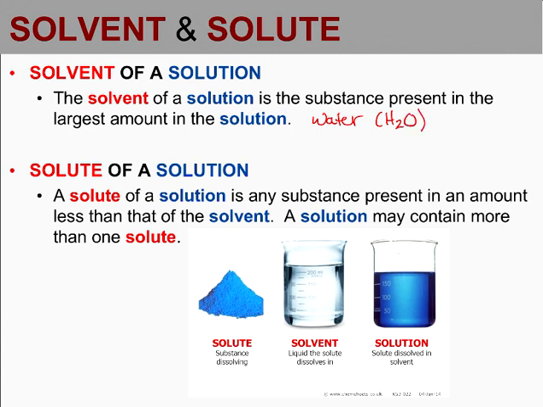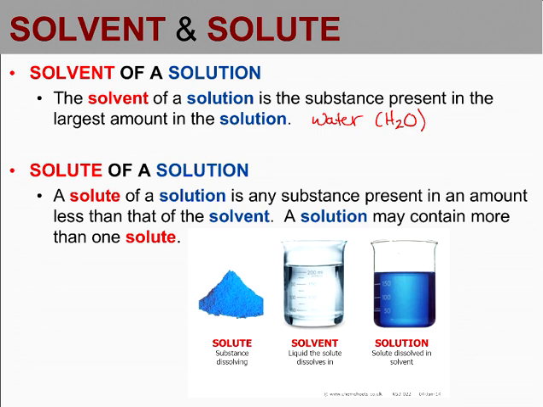There are other examples of solvents, but most often we use water. So another way to think of a solvent is something that dissolves a particle. And then a solute of a solution is any substance present in an amount less than that of the solvent. A solution may contain more than one solute.